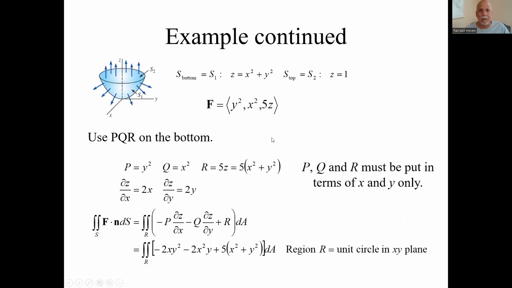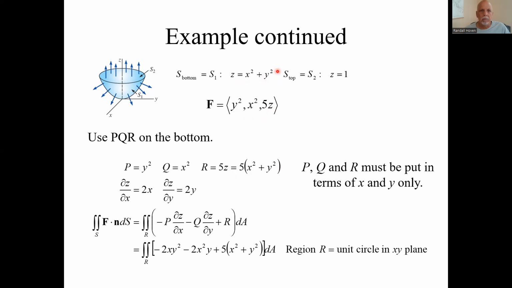Now let's do the bottom. Well, there's our P, y squared, our Q is x squared, our R is 5z. We have to put them all in terms of only x and y. P and Q already are. R is 5z, which is 5 times x squared plus y squared, because that's the surface.